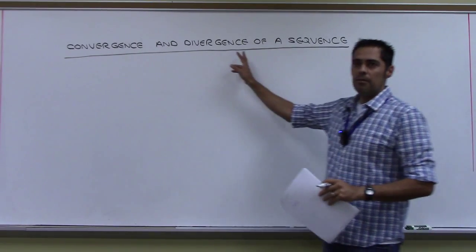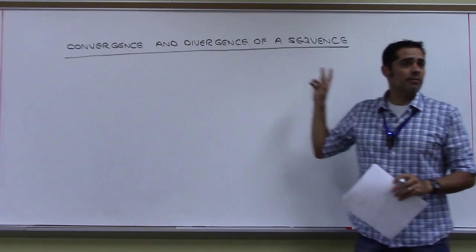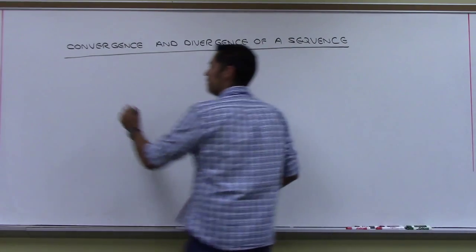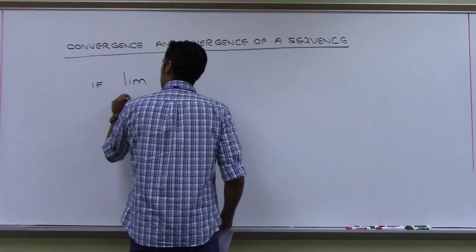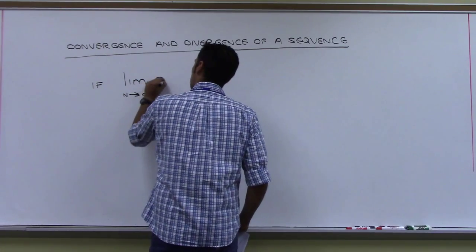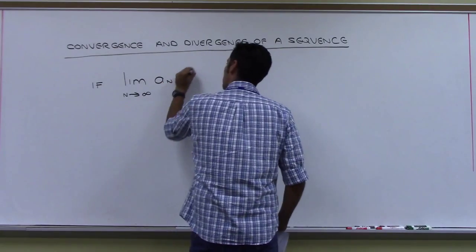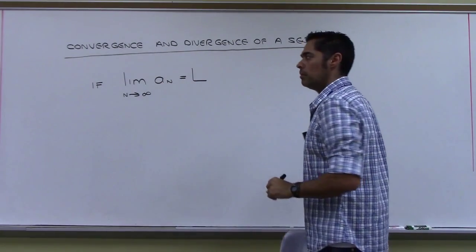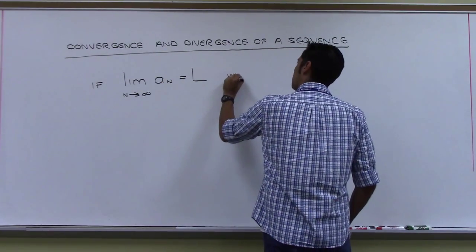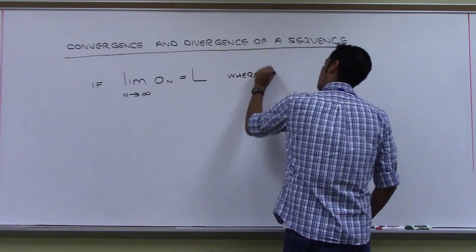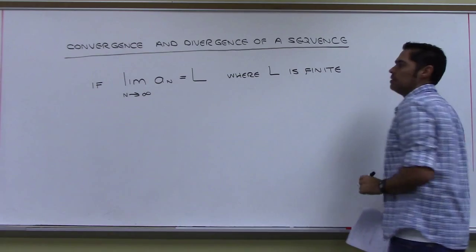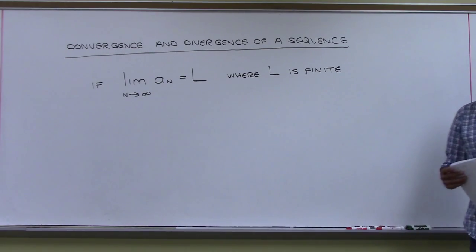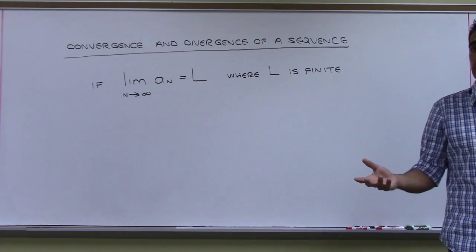These are two different concepts, convergence and divergence. If the limit as n goes to infinity of a sequence equals L, where L is finite. What do we mean by finite? It's a number. Where L is a number.